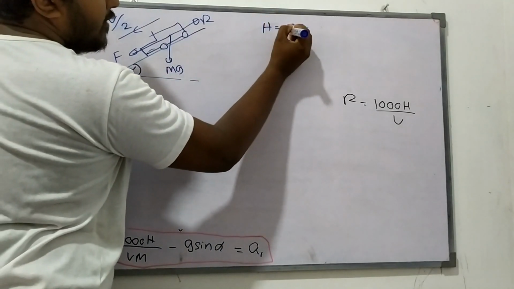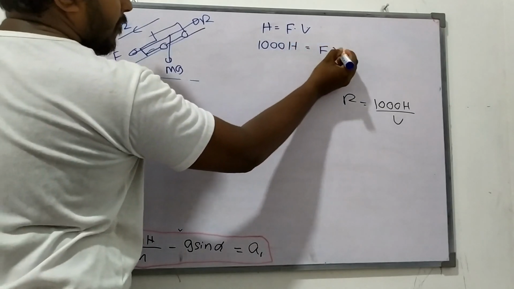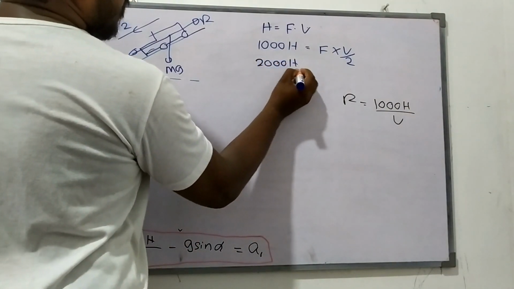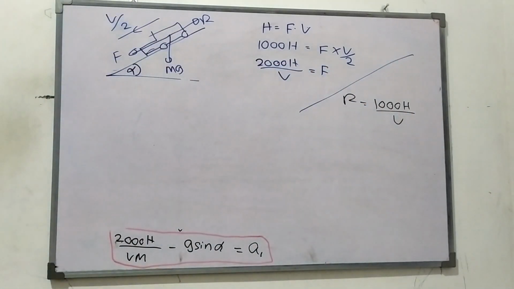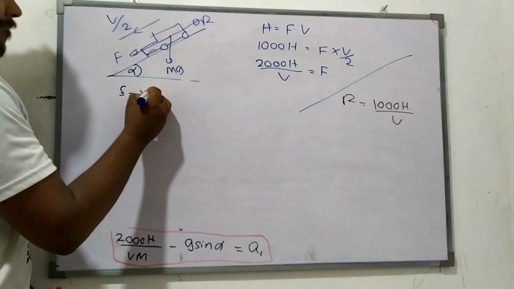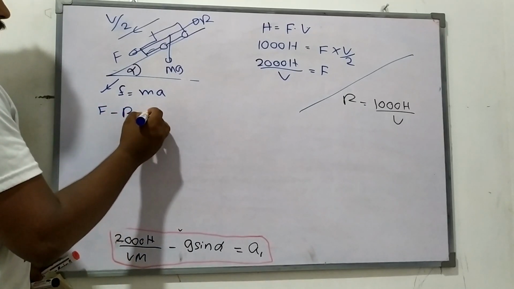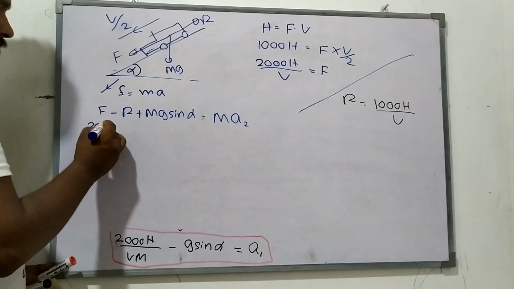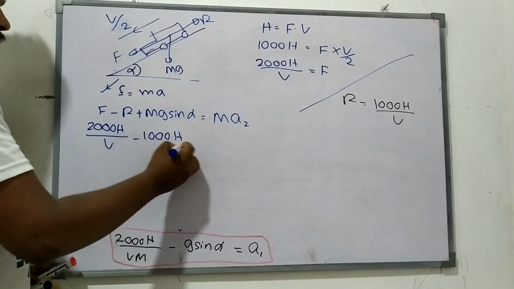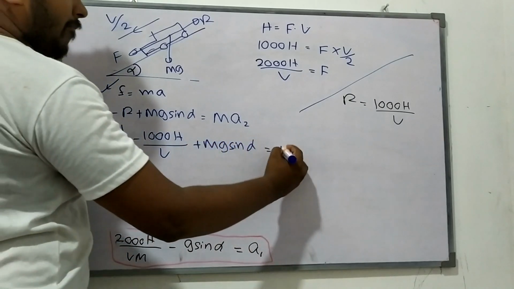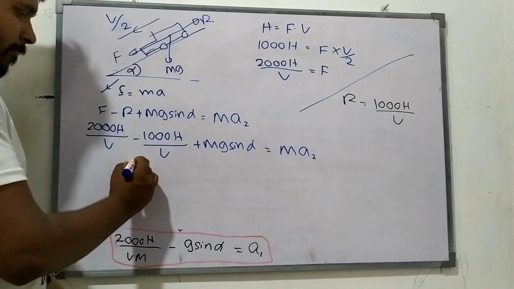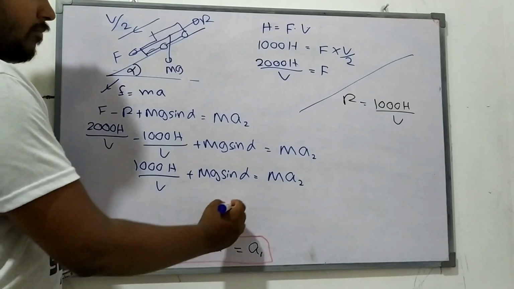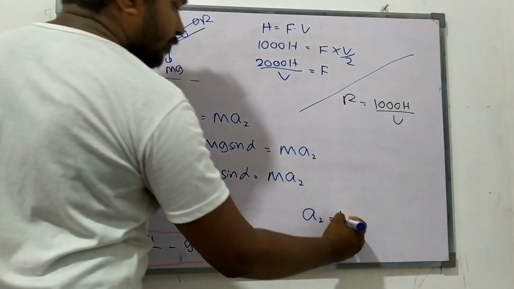Then again, H equal Fv. Two thousand. 1000 H.